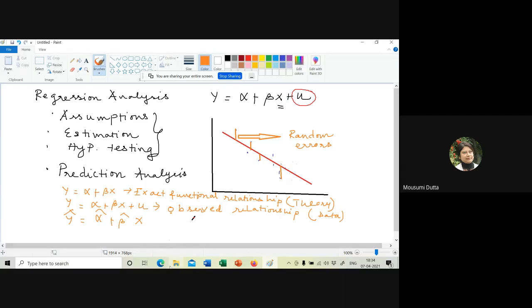We will find out this model. This is the estimated relationship. Now, if you subtract the first model from the second one, the only difference is U. This U is the random error component.